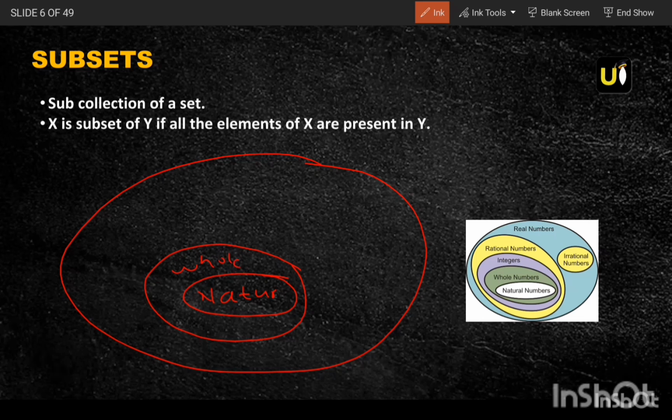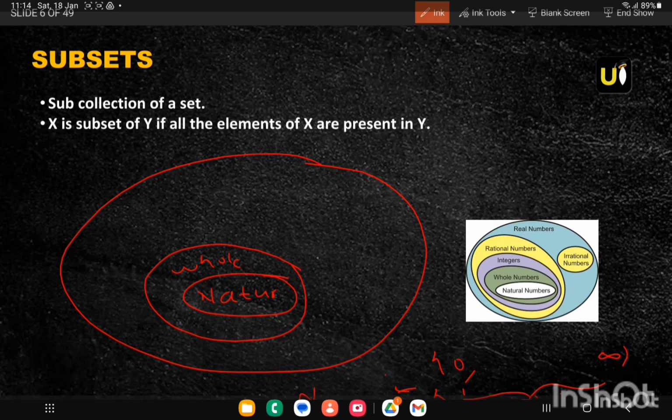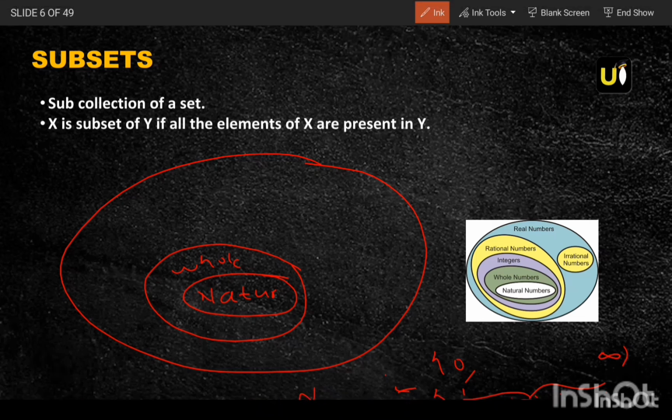Natural numbers are a subset of whole numbers because whole numbers are the numbers starting from 0 to infinity, whereas natural numbers start from 1. All the elements present in the natural number set are also present in the whole number set, so it is a subset of whole numbers.